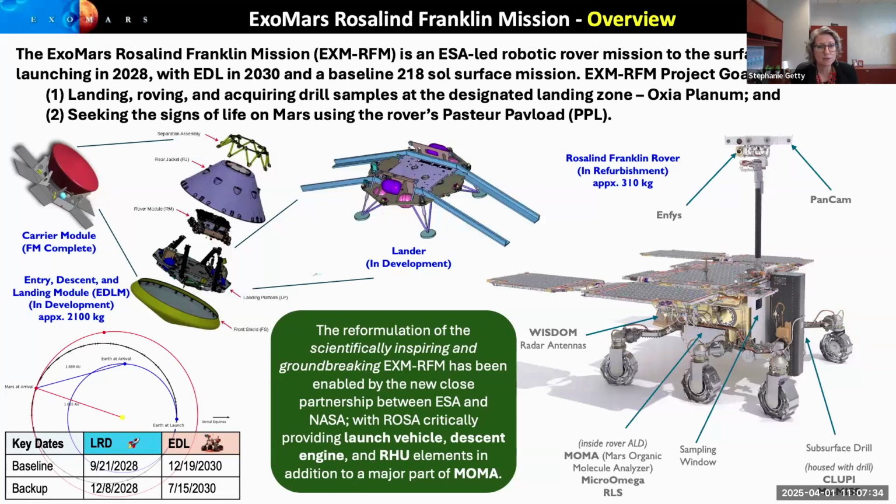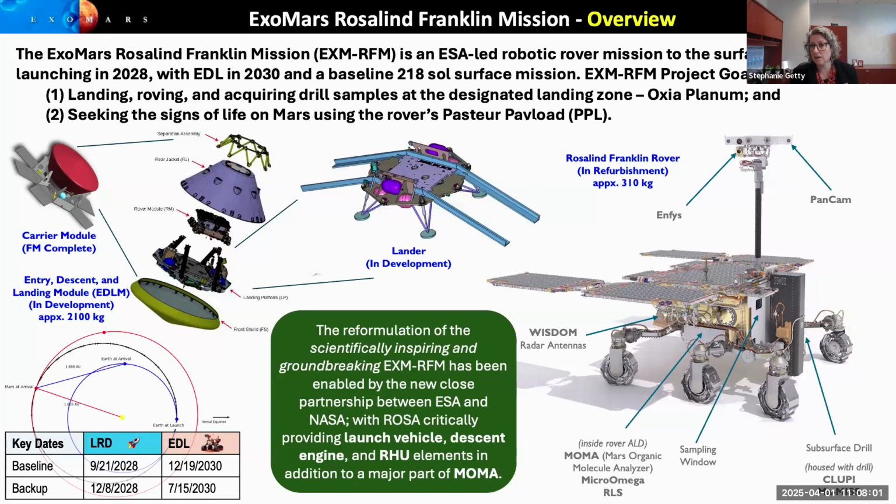Very excited to have another highly capable scientific payload, complementary in its application of mass spectrometry, which I'll cover on the next slide, but also Raman and spectroscopy, in addition to its standoff remote sensing instrumentation. Just a really exciting mission.